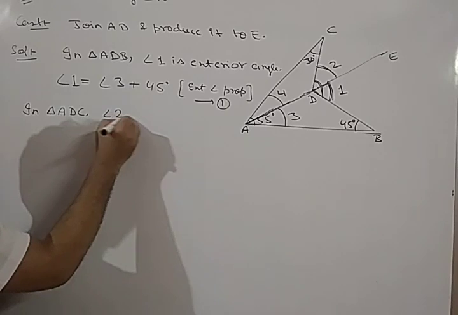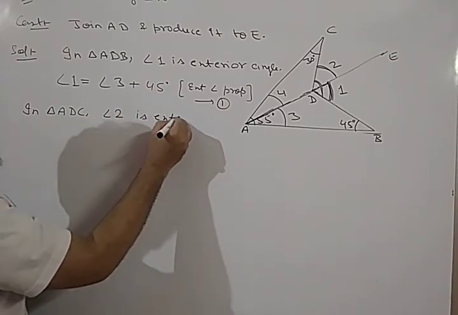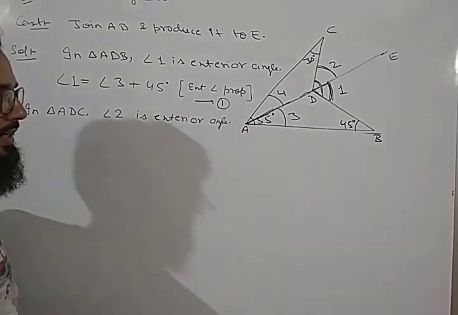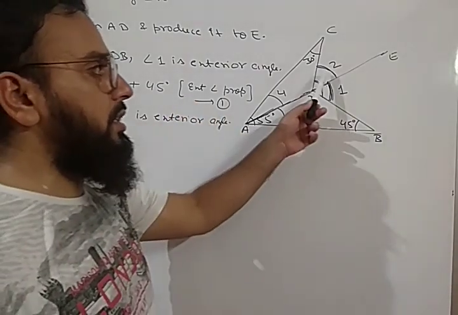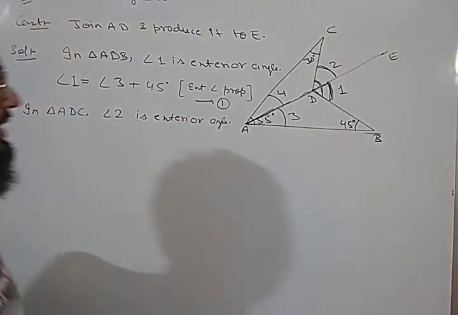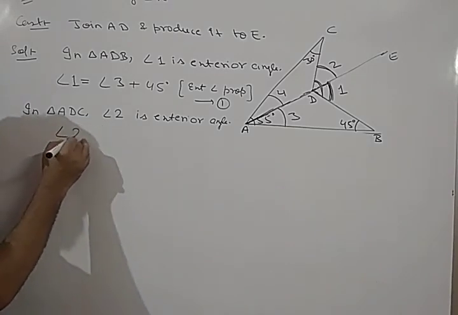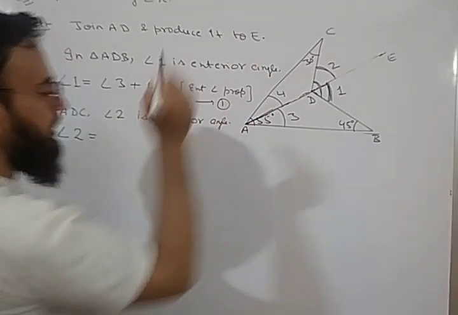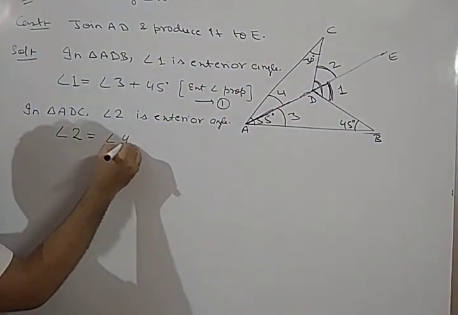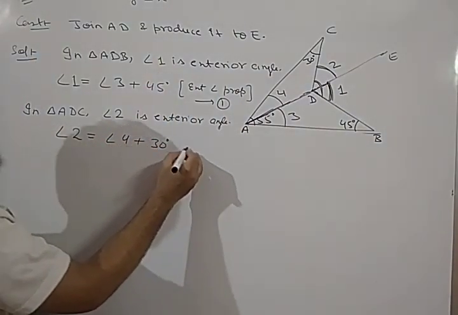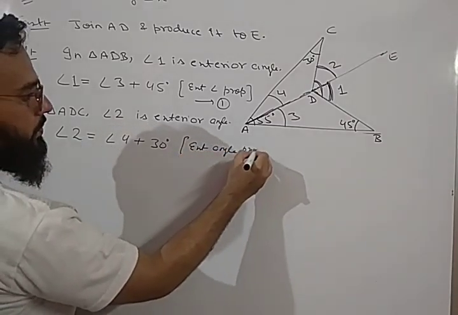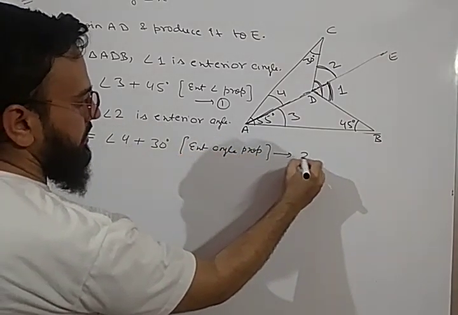Using exterior angle property, angle 2 is equal to the interior opposite angles, angle 4 and 30. So angle 2 is equal to angle 4 plus 30 degree, and let us consider it as equation number 2.